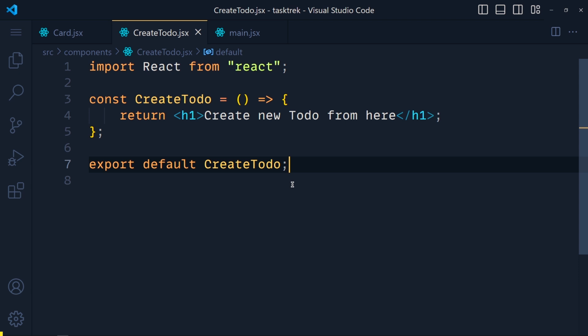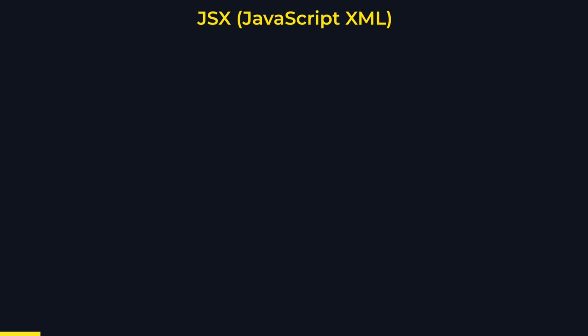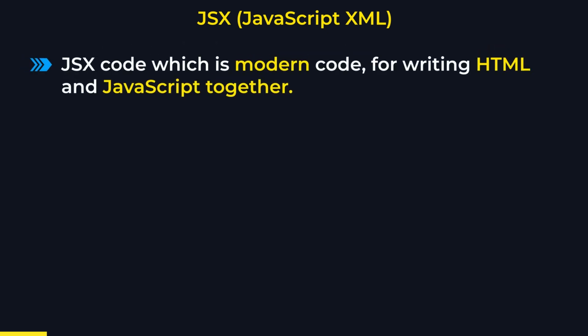Now in the previous lesson, we created our component and we returned code that looks the same as HTML code. But as I told you before, this is not HTML code, it is JSX, which is modern syntax for writing HTML and JavaScript together. We saw this in section 1, but that was just a little introduction. Now let's understand how it works internally.